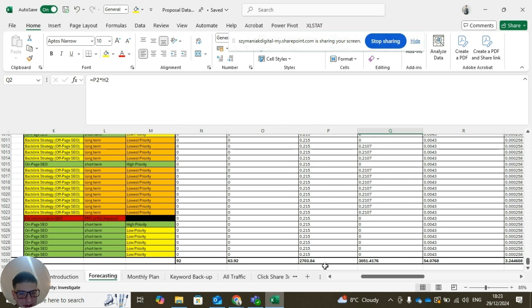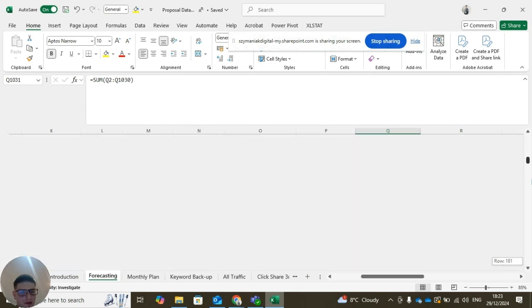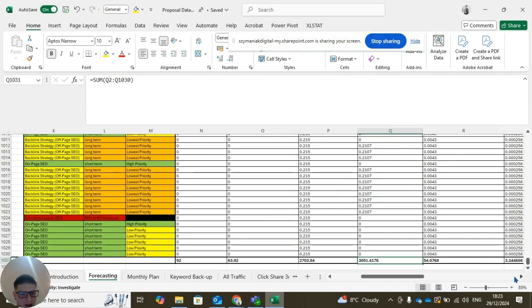They would be able to get 2,007 free clicks, or 2,700 free new potential leads, new potential customers. And it would cost them via a PPC route around £3,051 on average each month.